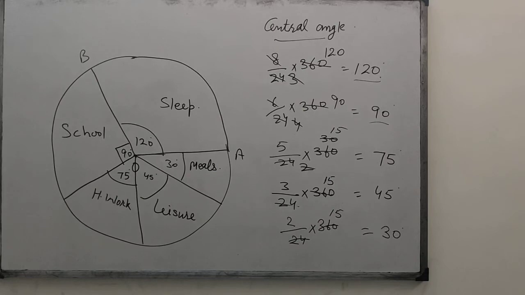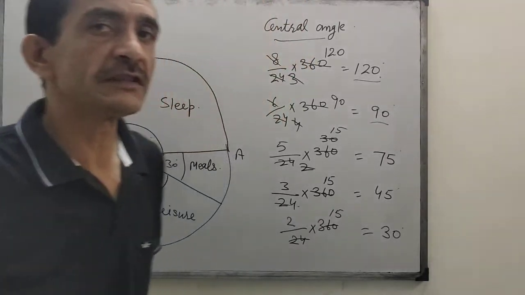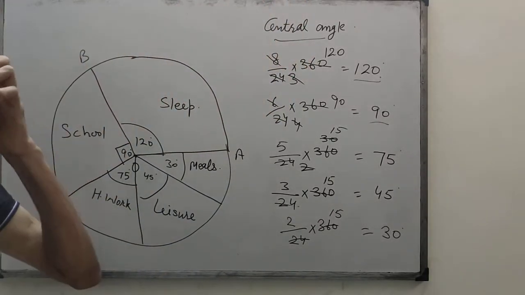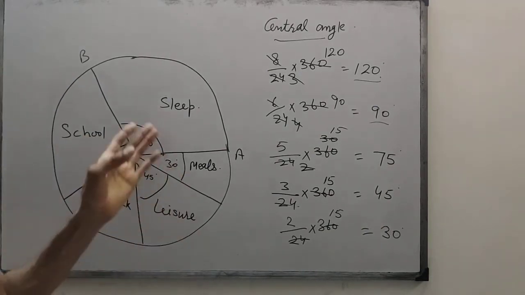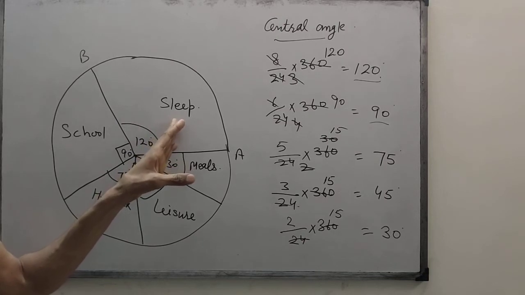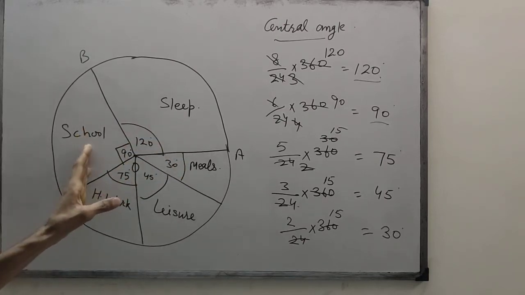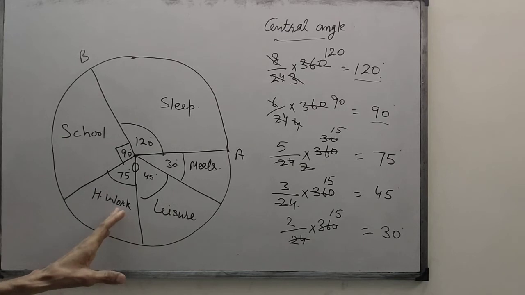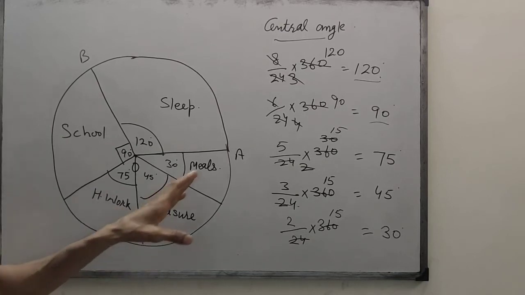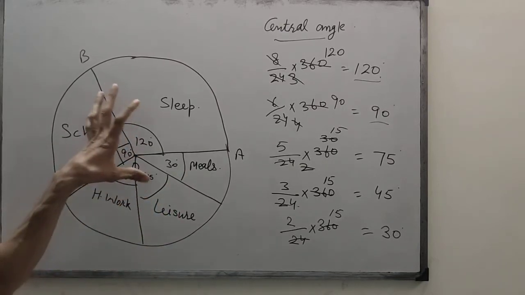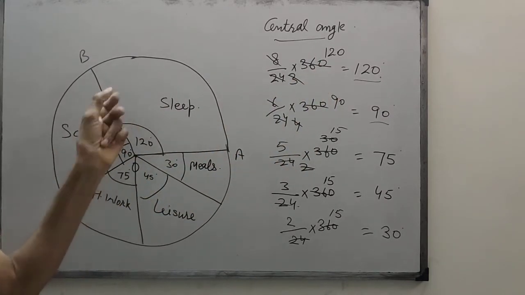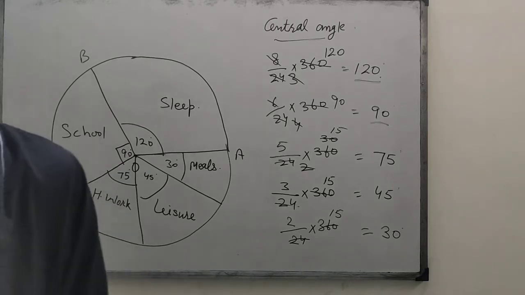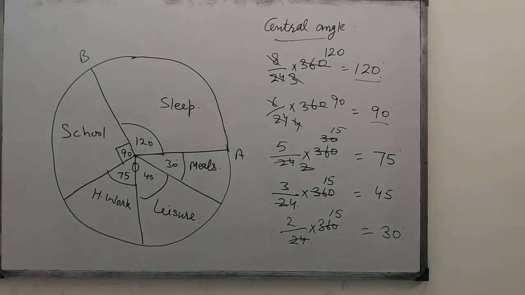Now think about it in converse. Suppose that this pie chart is given. Then how can you know how much time is spent by that person in sleeping, in school, in household work, in meals or leisure? Only this pie chart is given, and the question is how much time is spent in sleep, how much in school.